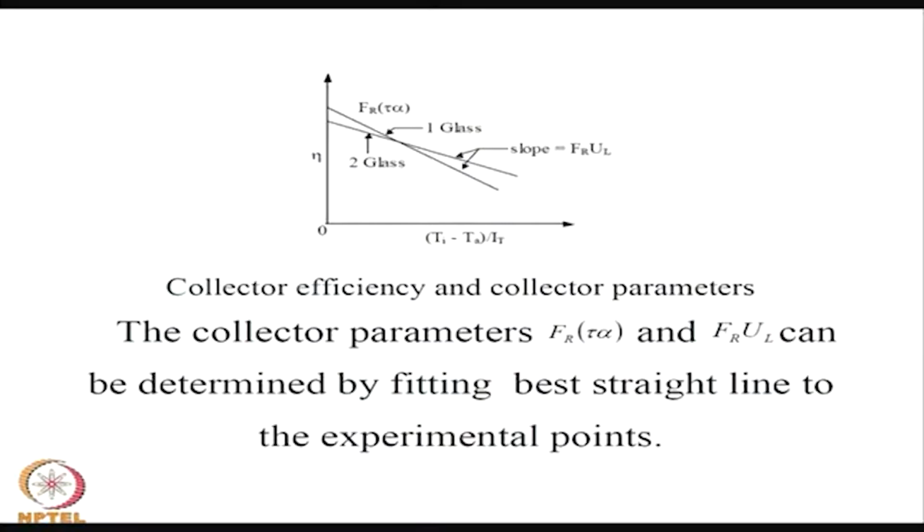So, before we go to the next topic on mean temperatures, I shall continue and complete what little bit has been left out about the experimental method to determine the efficiency of the solar collectors.